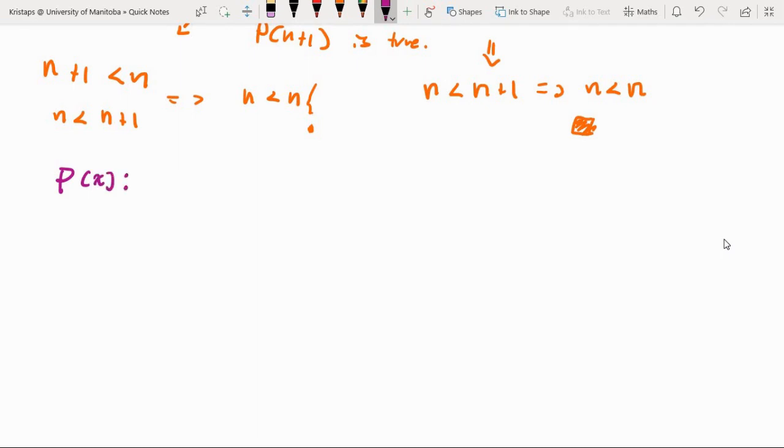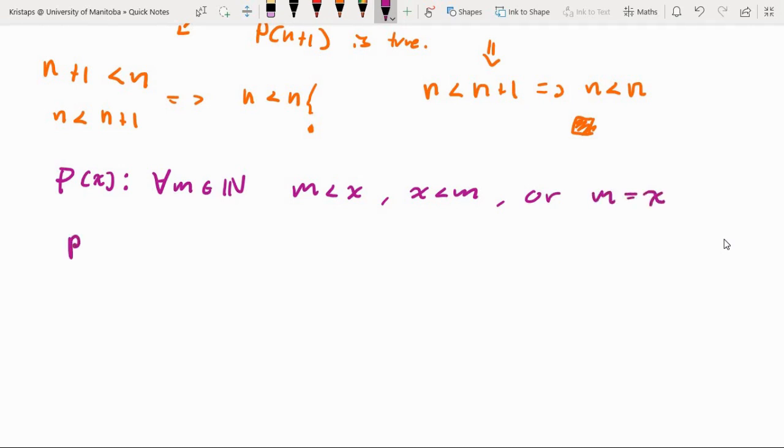This time we're going to take our induction statement to be that for all m in N, it's the case that m is less than x, or x is less than m, or m is equal to x.